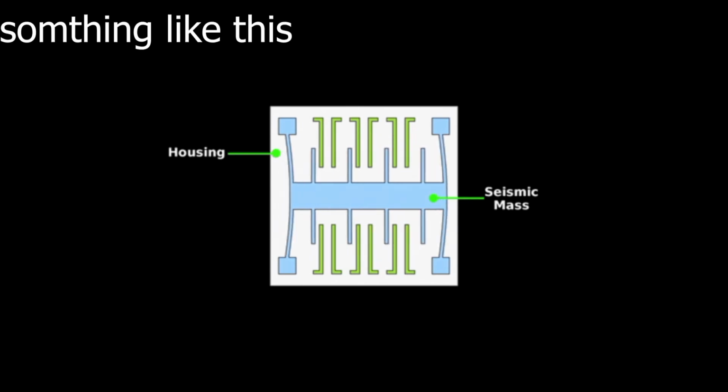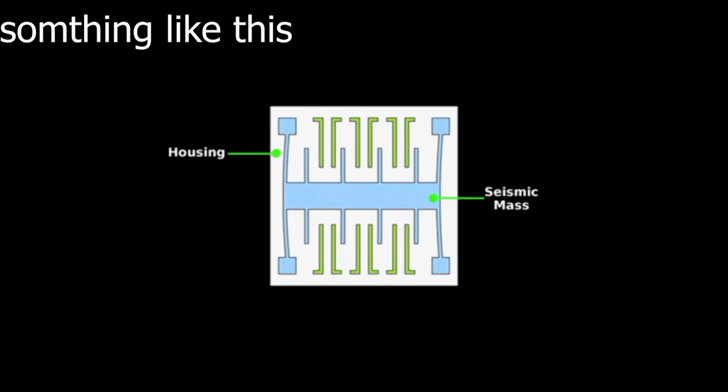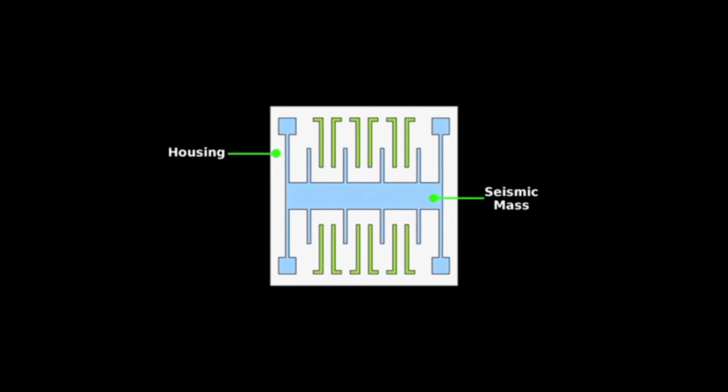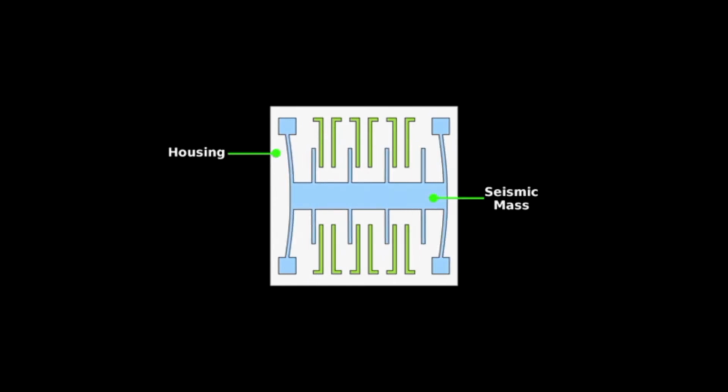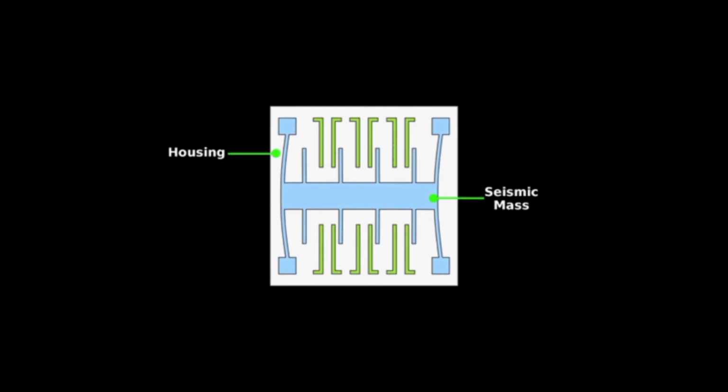The mass allows the spring to extend with it, because as you move your phone downwards, it makes the spring extend with it, which then the fixed capacitors measure the change in capacitance and give you the result of your screen orientation, whether from portrait to landscape and other stuff like that.